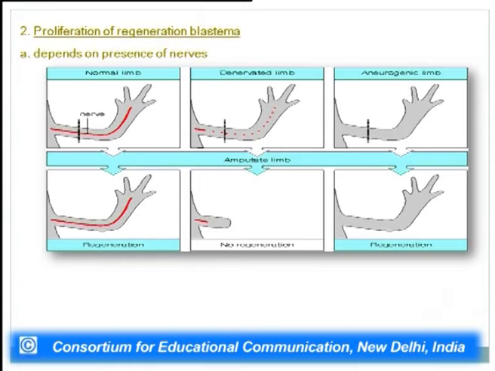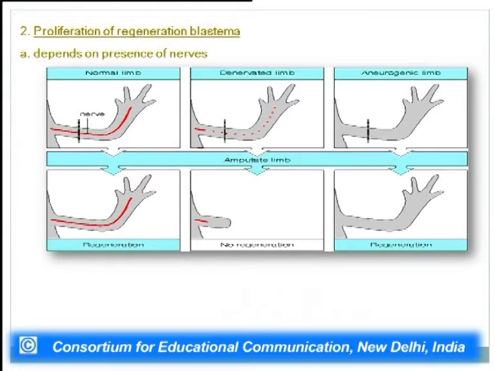When the cut occurred, the nerve, which is shown in the red line, was intact. But in the denervated limb, if the limb was cut and the nerve was removed, then there was no regeneration and it remained as a stump. However, if the limb was already aneurogenic, it did not contain nerve to start with, the limb still regenerated.